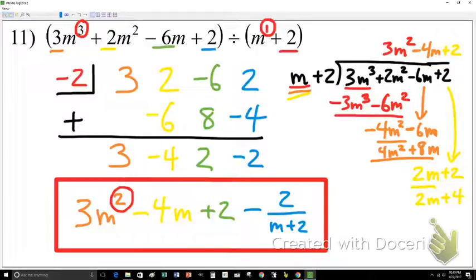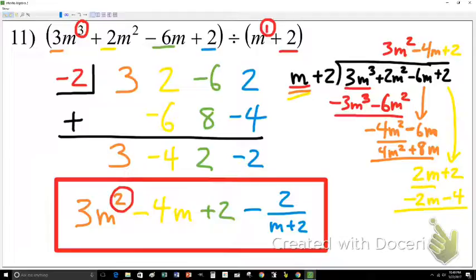Okay, and so now we're going to subtract. But if I subtract all that, it's easier to distribute the negative and add. So that makes minus 2m minus 4, right?